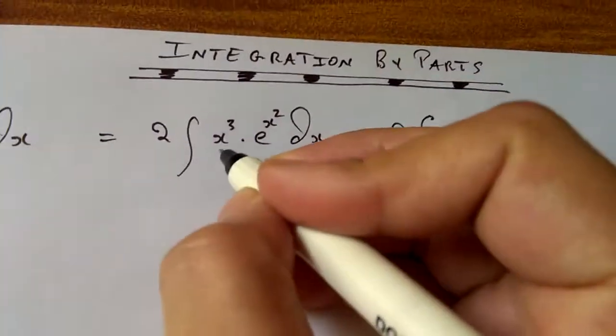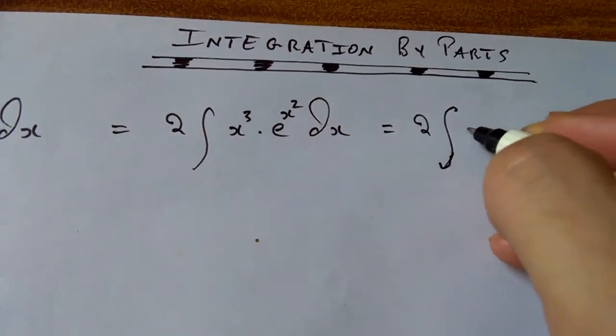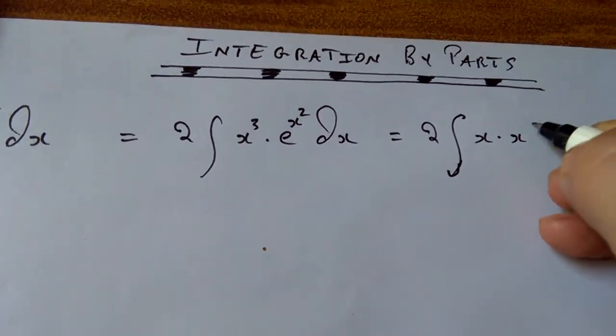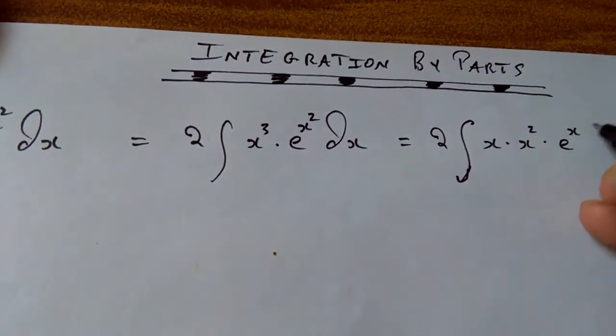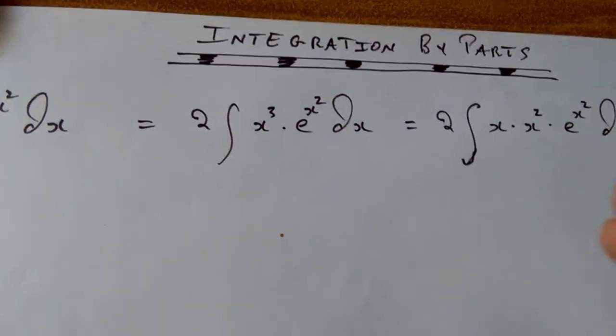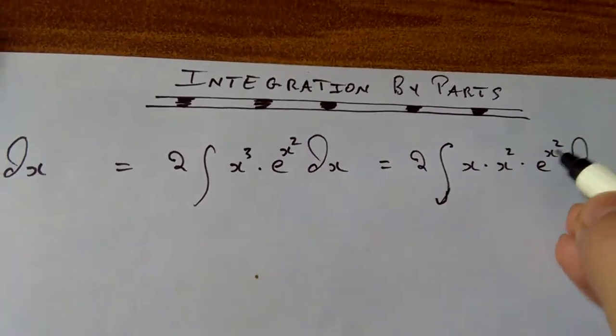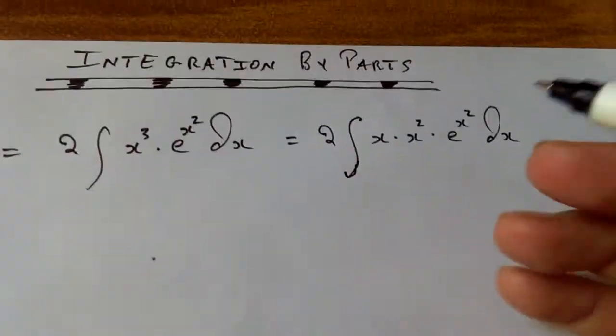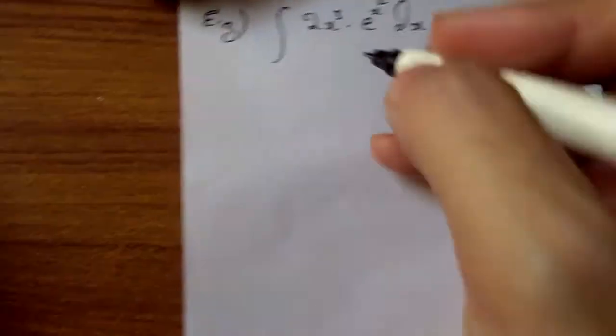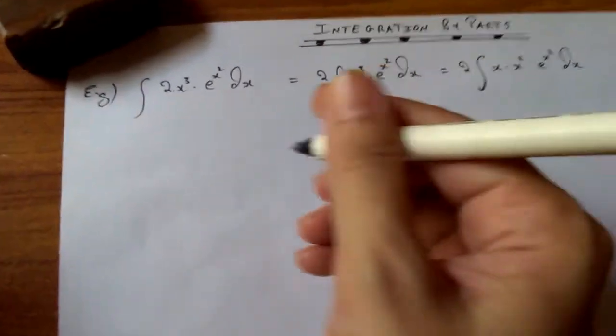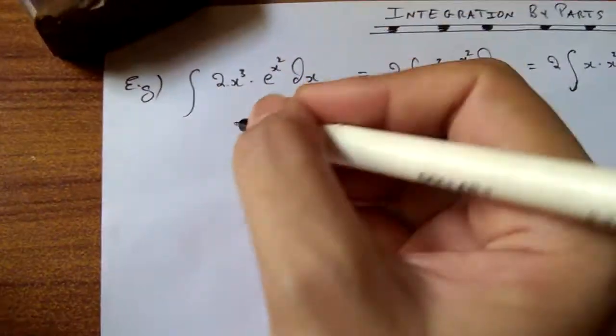Let's have a look. Let's split this x cubed in terms of x and x squared, like this. Now let us perform the substitution. Let my x squared be my u. Conventionally we call it u, otherwise you can take any other variable for substitution you want.